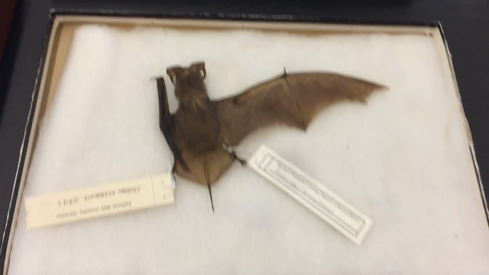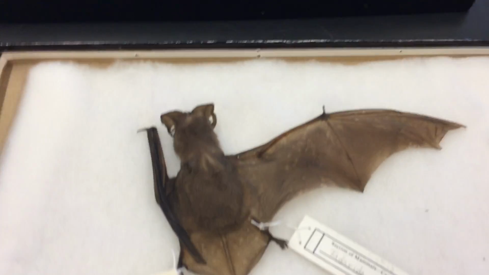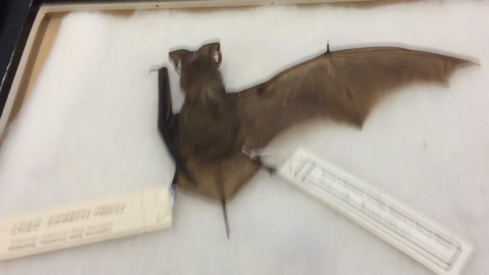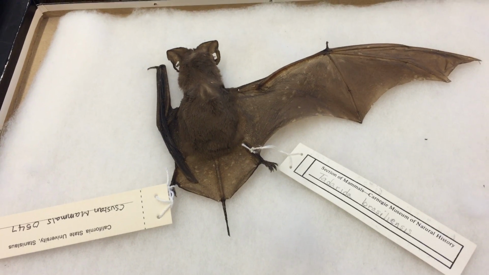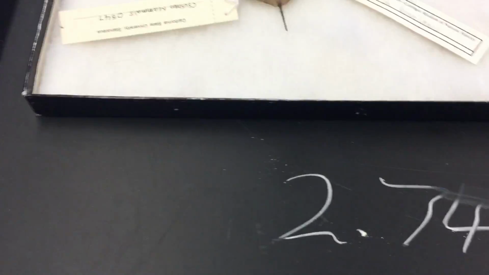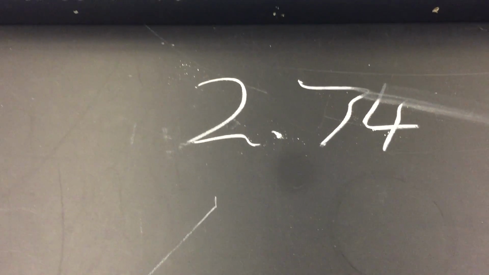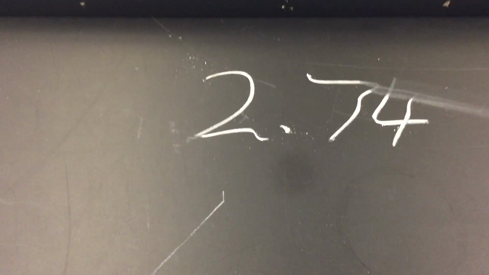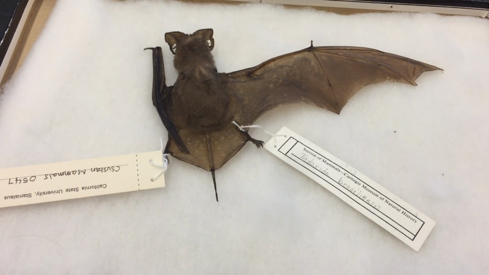So this is the Mexican free-tailed bat. And its aspect ratio is 2.74, a very high value. And this is the highest flyer of them all. So it's got a very high value.